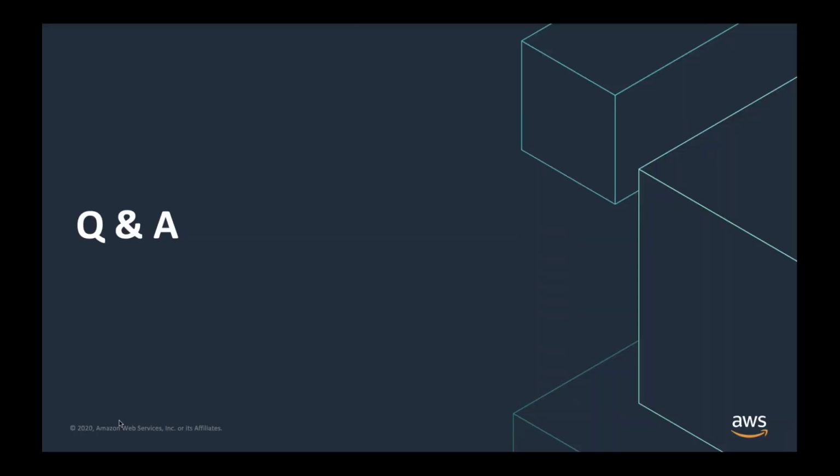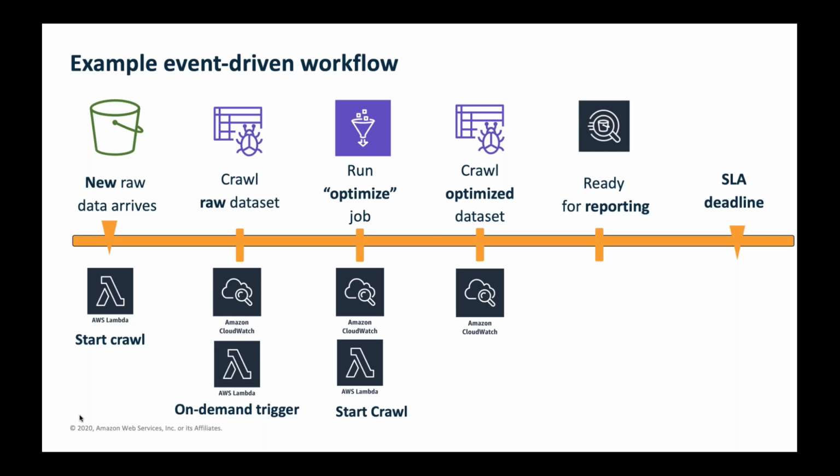In this case, data can hit that bucket, a Lambda function gets triggered, which then calls our Glue crawler. That crawler can then go crawl the new data set that's sitting on S3 and then run a series of jobs or a workflow behind the scenes.